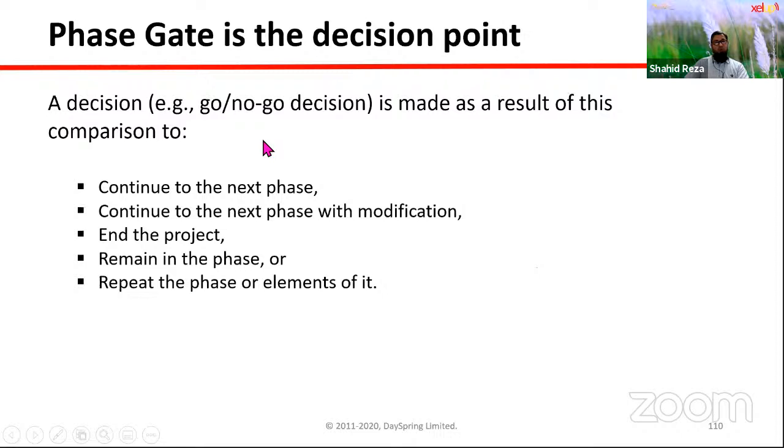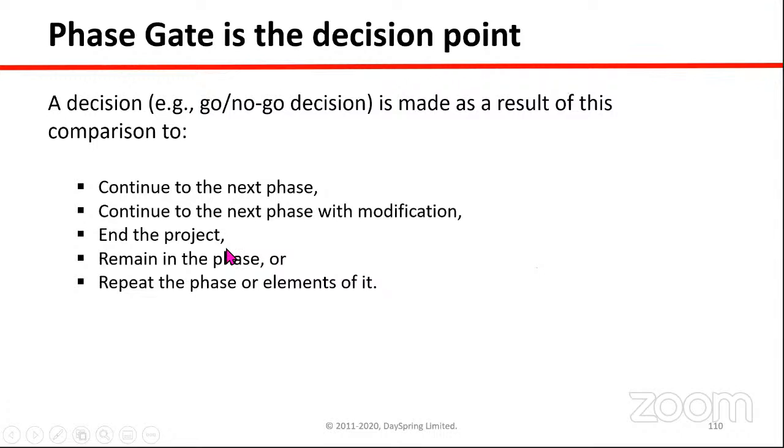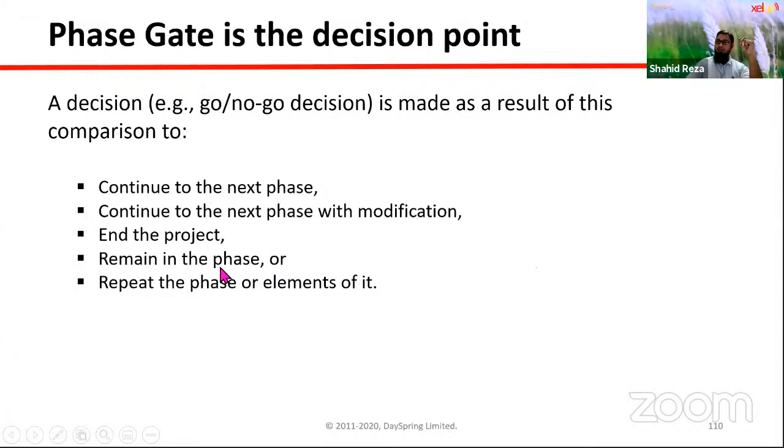Let me add something here. In a phase gate, the decision point, what kind of decision can it give? Whether we will continue to the next phase with modification, end the project because maybe we have not achieved the business goal, or remain in the same phase.